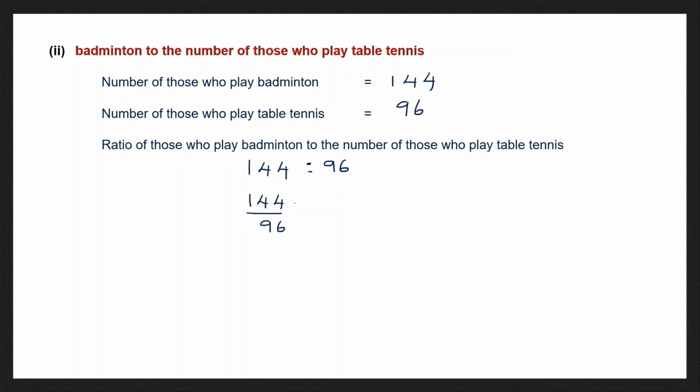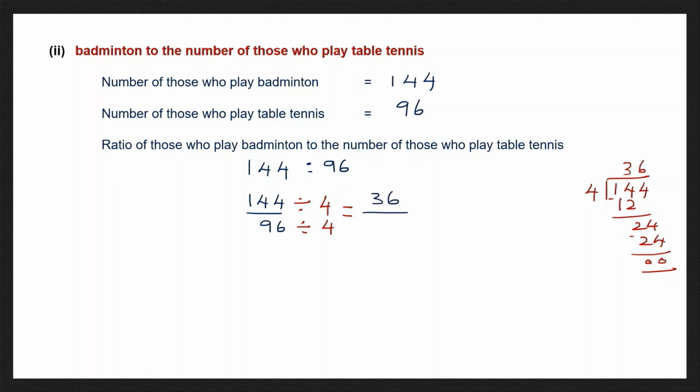and now let's reduce it to the lowest term. Let's divide both by 4 and see what we get. So 144, let's divide it by 4. 4 threes are 12, minus, 24, 4 sixes are 24. So we have 36 here. 4 into 144 is 36.